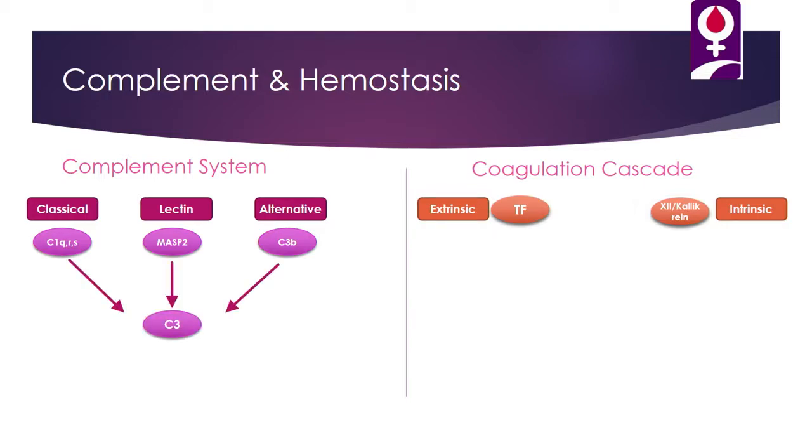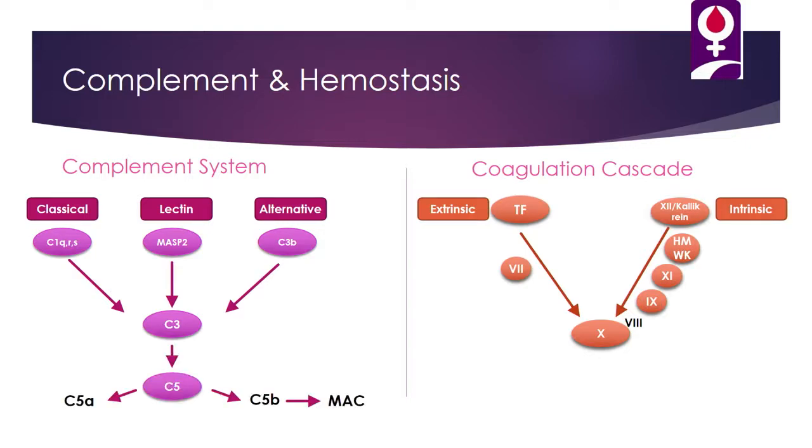And all of these activators converge on regulatory enzymes, the critical one for the complement system being C3, factor 10, and then activation of those enzymes then leads to activation of effector enzymes C5 in the complement system, and factor 2A or thrombin in the coagulation system.